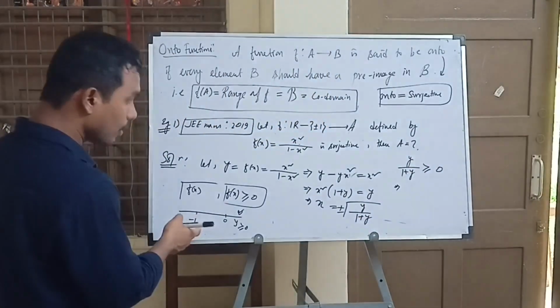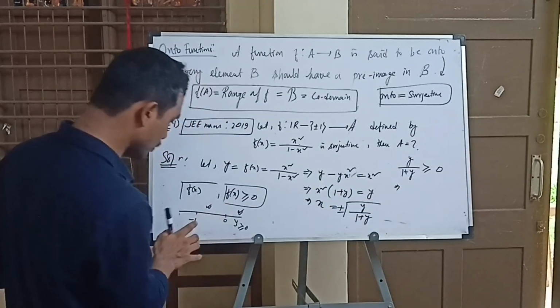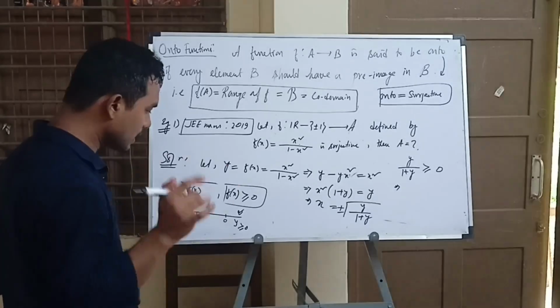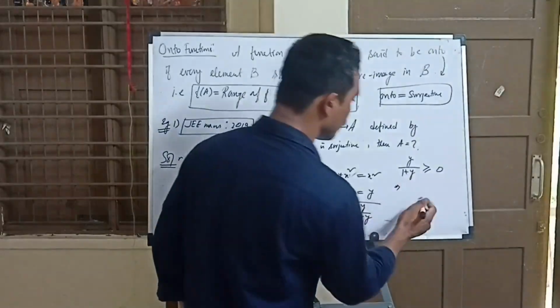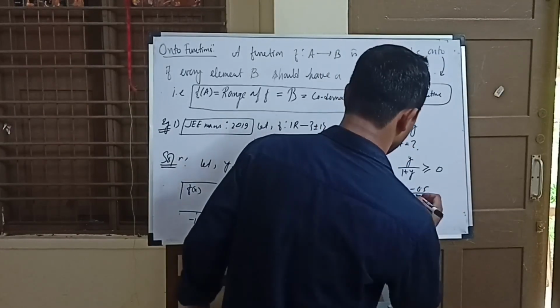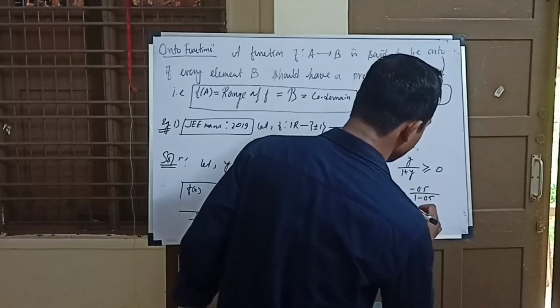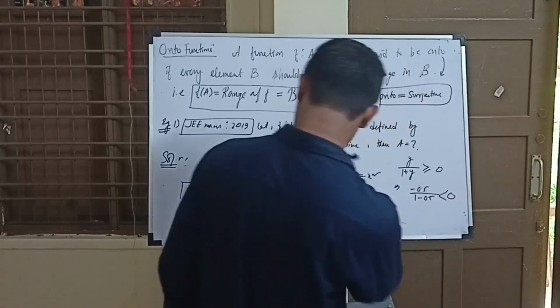Okay, for y belongs to -1 to 0, let's take -0.5 here. Put the value of -0.5 here, minus 0.5 here, 1 minus 0.5 here. What will we get? We will get a negative value, correct?